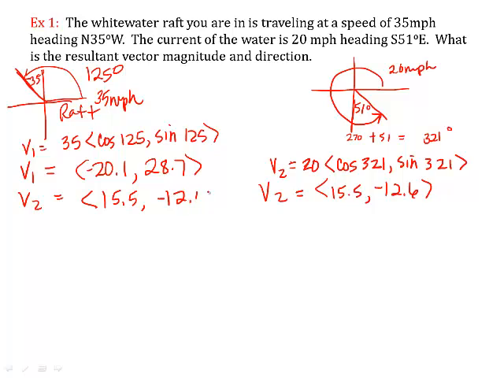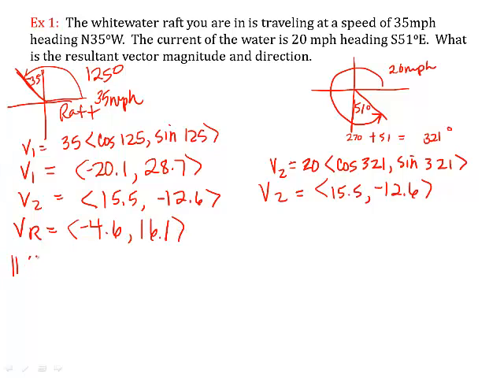That's all I do. So I'm going to put an R for resultant vector. I get negative 4.6 and 16.1. All right, that's my resultant vector.